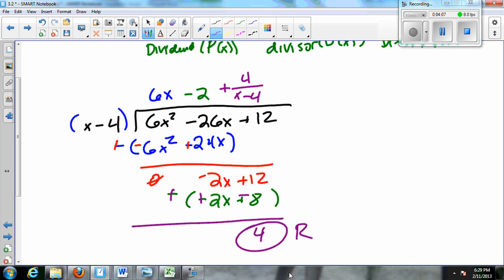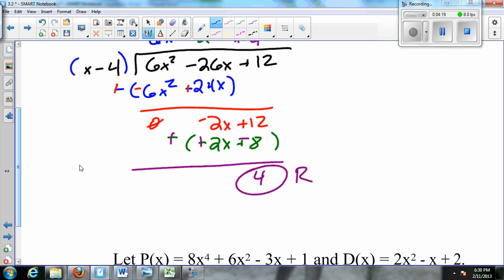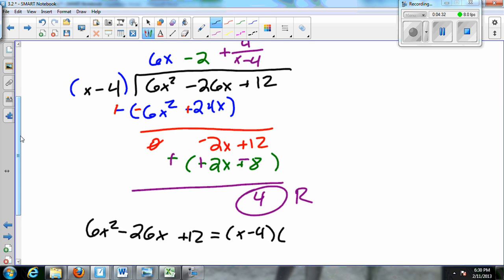If you're writing your answer using the division algorithm, it would be 6x squared minus 26x plus 12 equals x minus 4 times 6x minus 2 plus our remainder, which is 4.